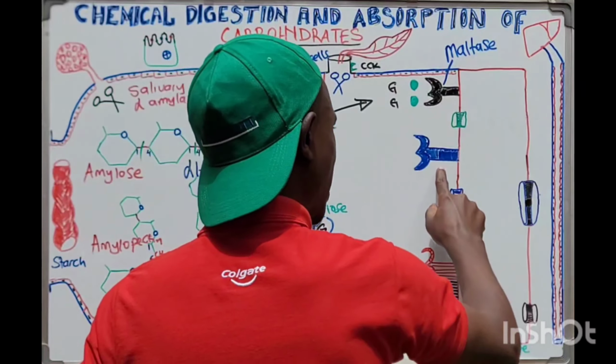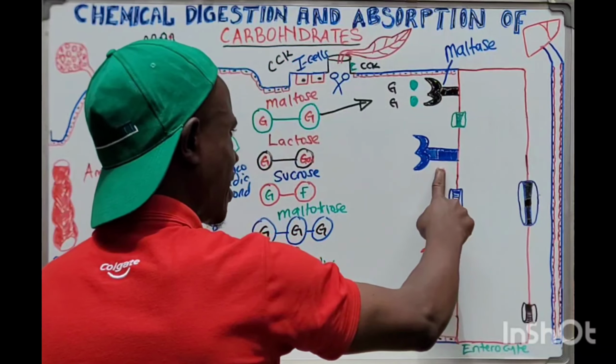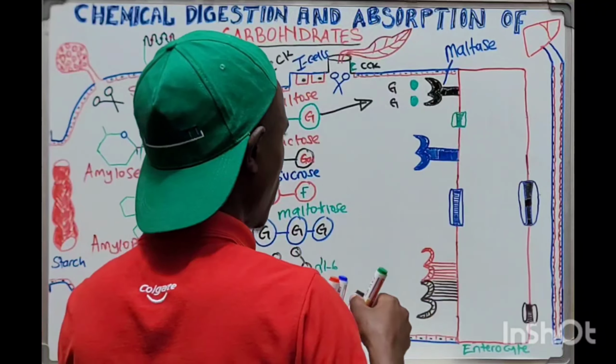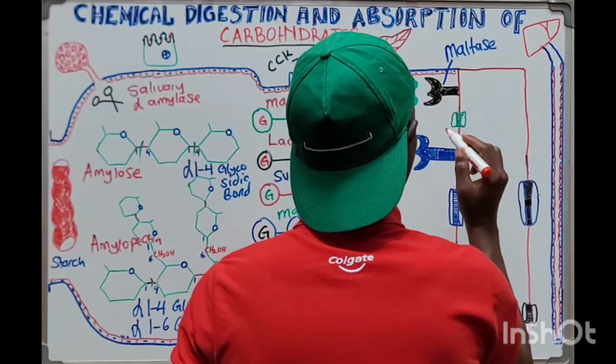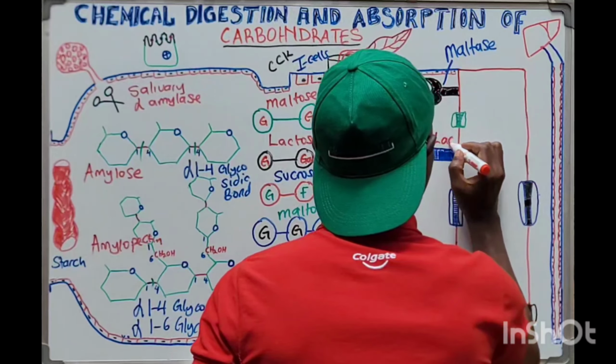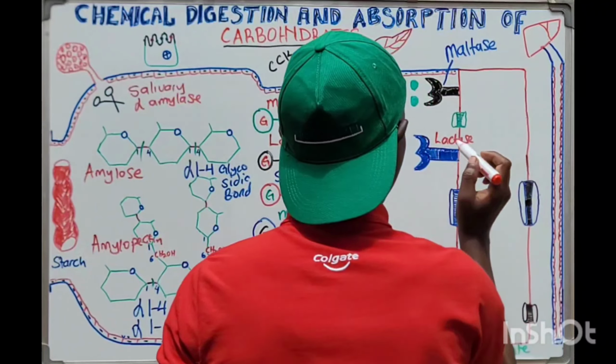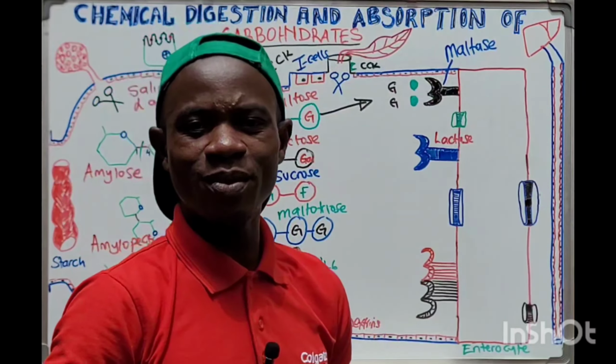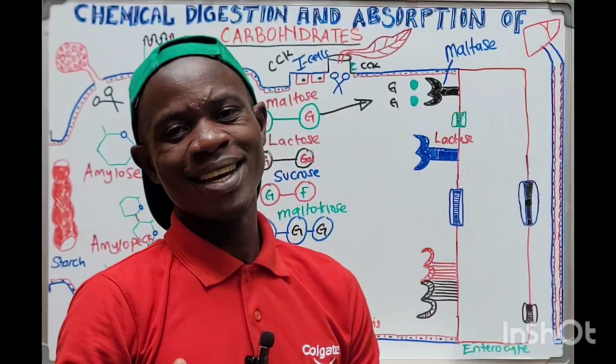Now, I also have another brush border enzyme, which is what we call lactase. So now, guess which disaccharide is going to run to lactase? Lactose.